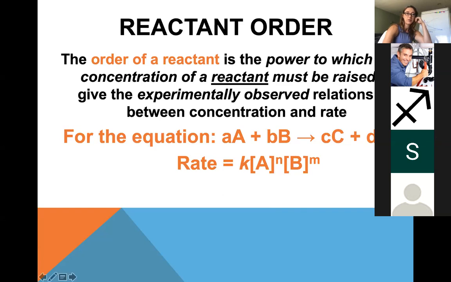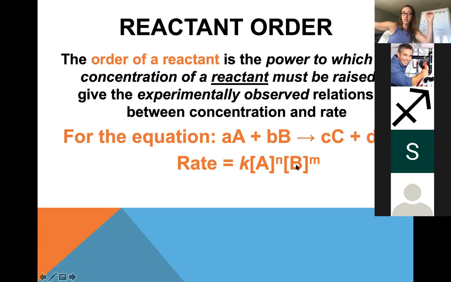So for some reaction, if I have A plus B yields C plus D, the reactants have these coefficients in front. The little a refers to a coefficient to balance the equation. The little b would be a coefficient, okay? But for the rate law for this reaction, the rate is going to be dependent on the concentrations of reactants.